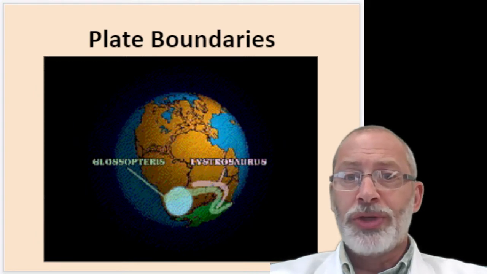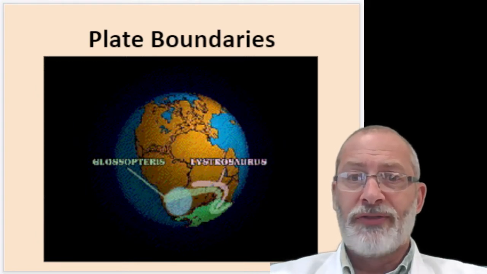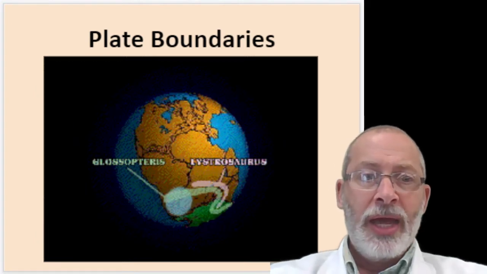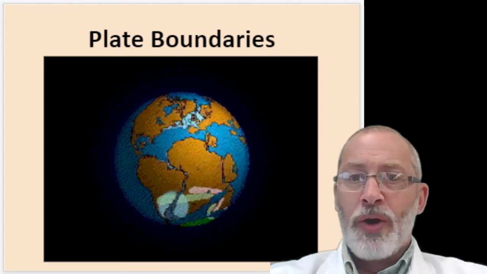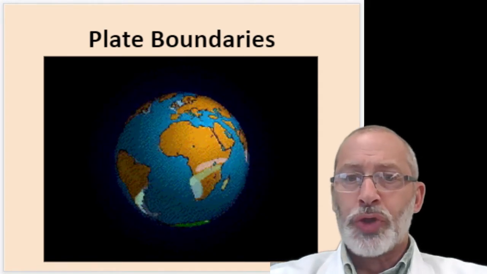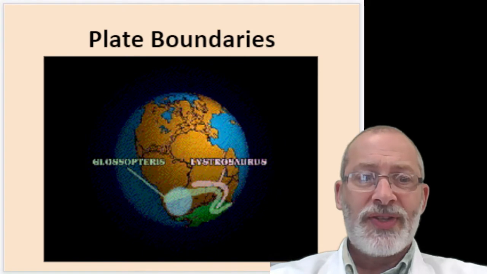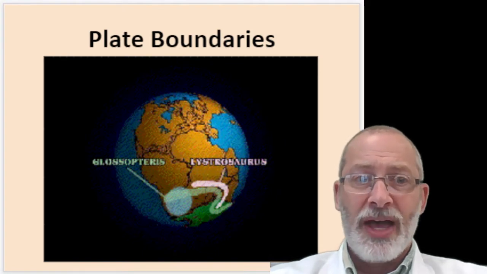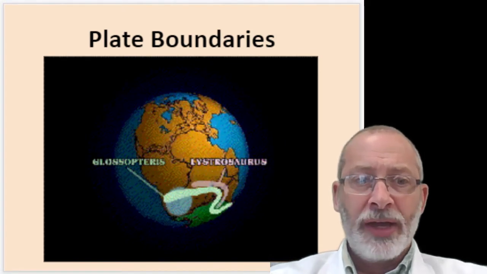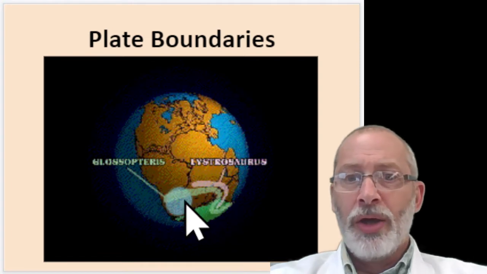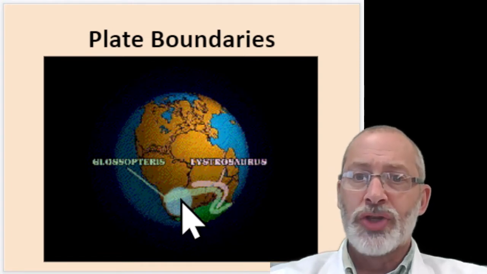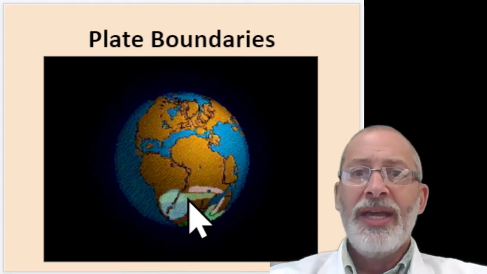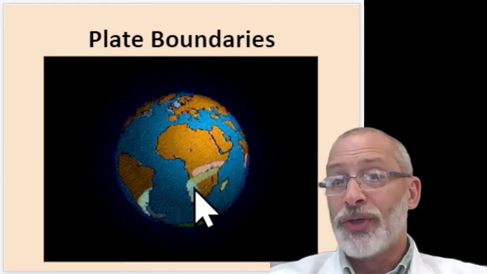As we're discussing this, notice this first little animation, and you will see how the theory of continental drift suggests that the continents themselves are moving around from one location to another. Here's a starting point, and notice the location of fossils.